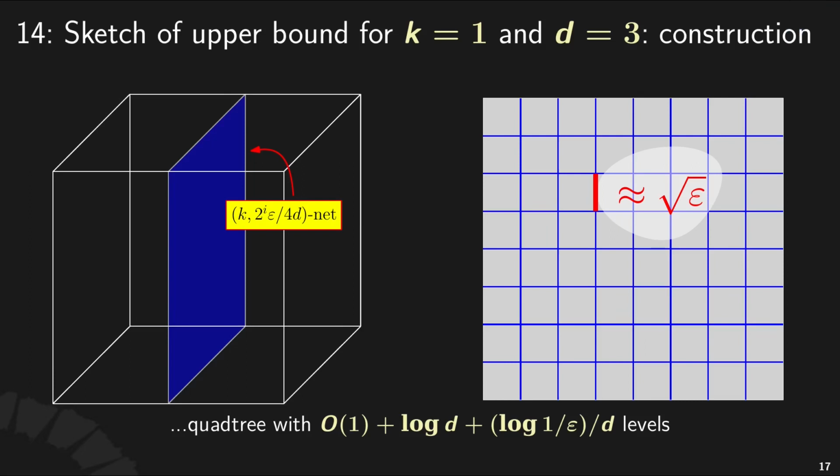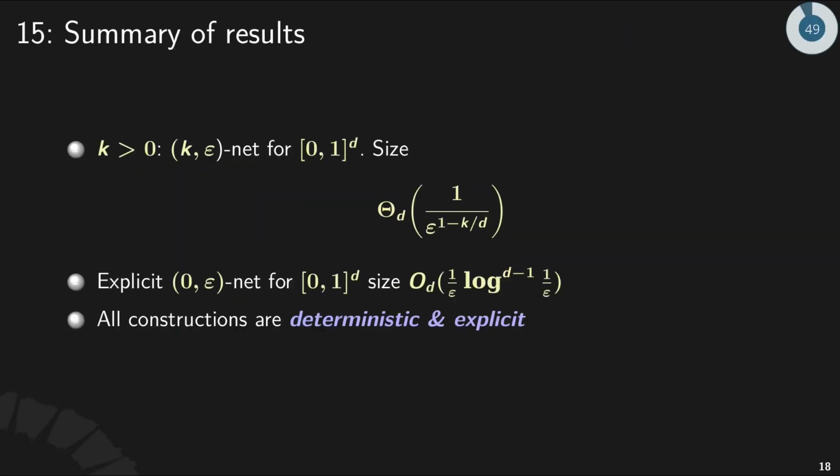But the important thing is that as you go one level down, the screen you're using gets rougher and rougher. So you have more screens, but the resolution gets rougher, so things kind of balance out. And you do the calculation, which I'm not going to do now, and you get this bound that I promised you, right? So in 3 dimensions, you get 1 over epsilon to the 2/3.